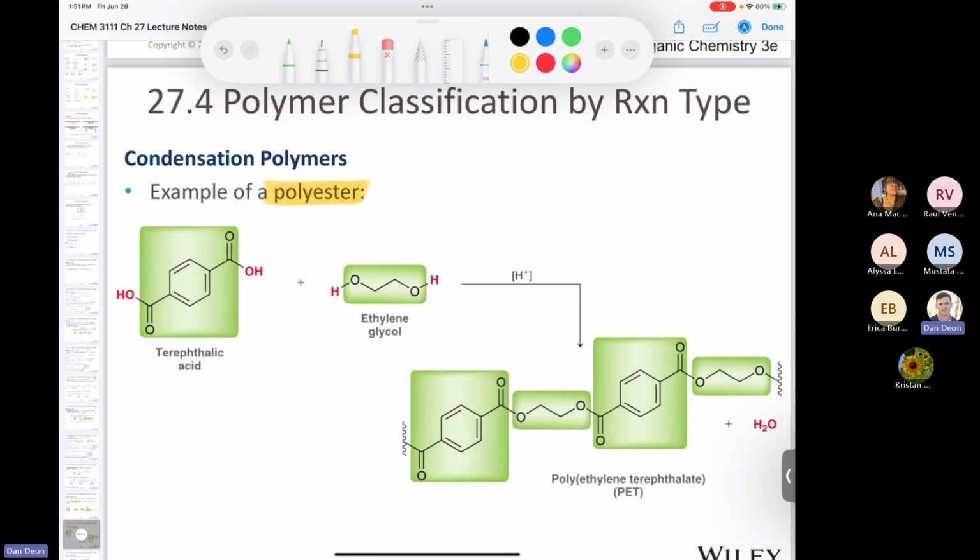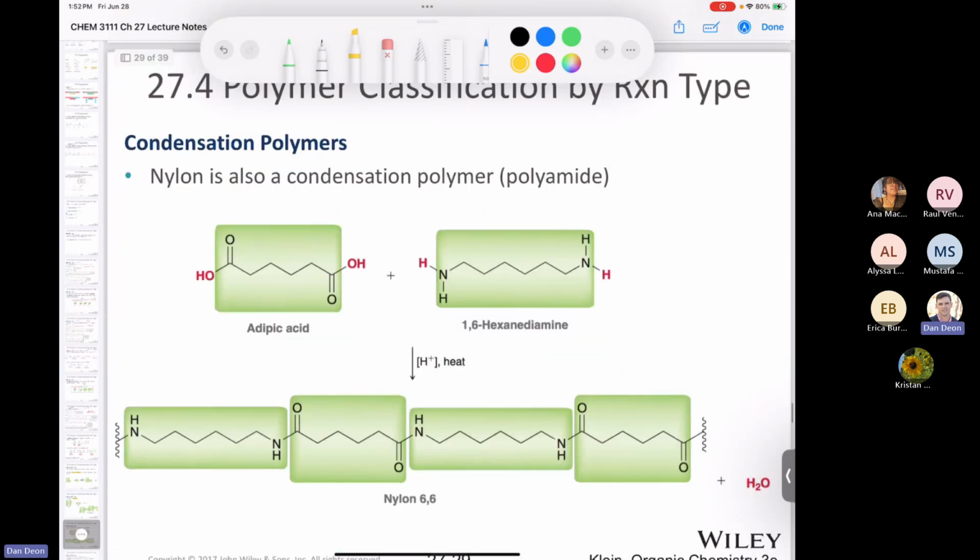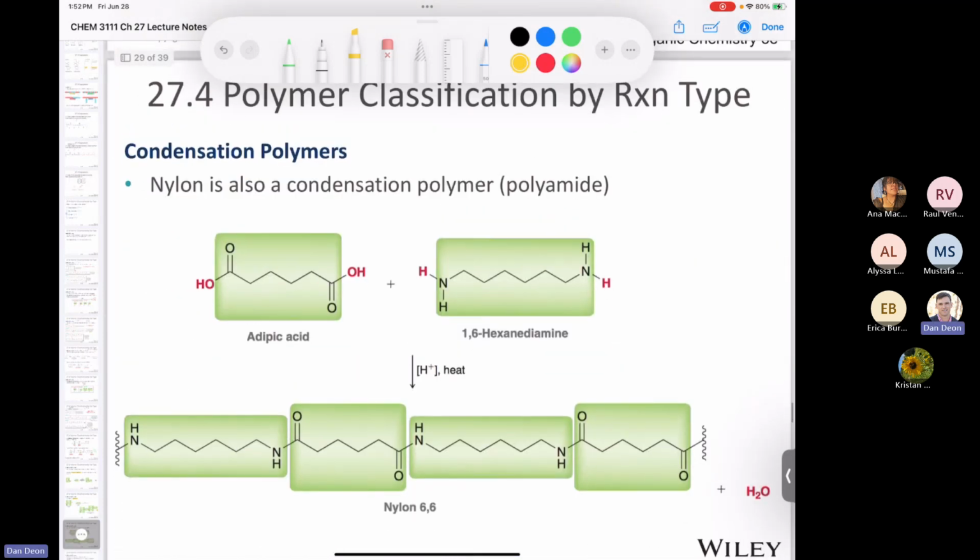Is that cool or what? It's a condensation reaction or a condensation polymer. Why? Because in condensation, we lose a small molecule like water or ammonia along those lines. So there's your first polyester, which is just made from a Fischer esterification reaction, and we end up with repeating ester units over and over. Well, you guys know what an amide is, right?